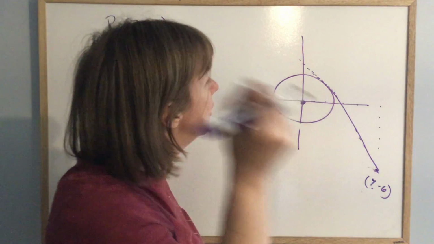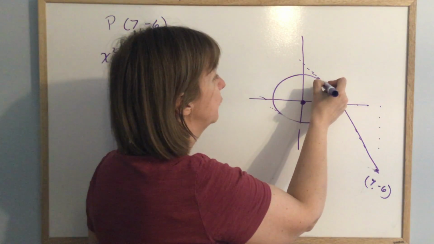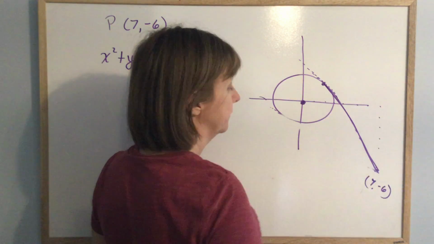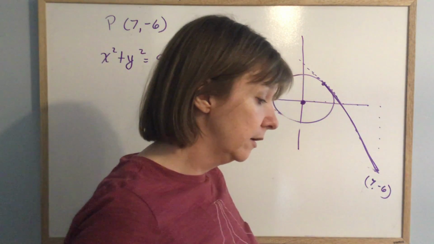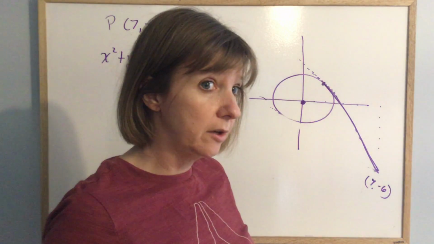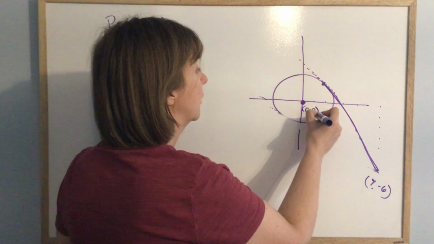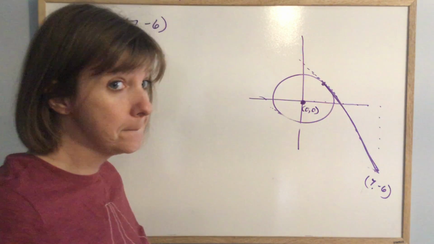I actually want to know the length from the tangent point to here. I know the center of the circle is (0, 0), right?